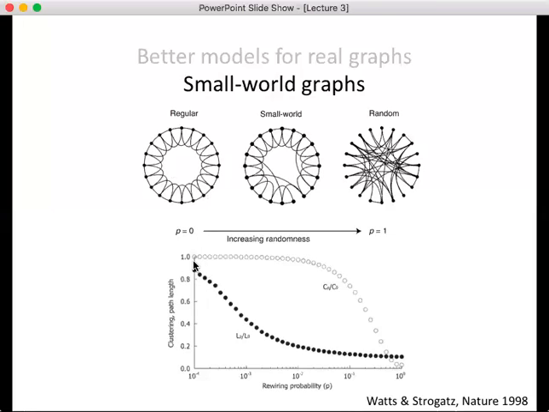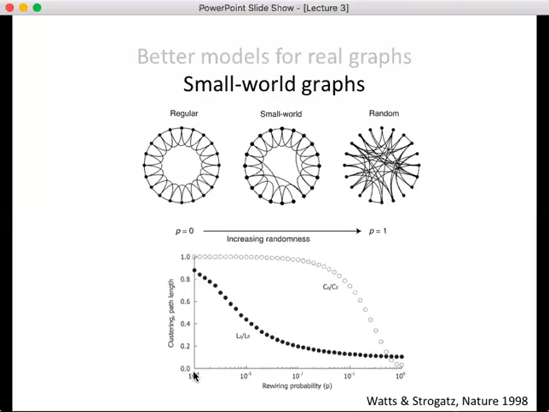Now, what is very interesting is the small world, because what you see is the following. When you start rewiring just a few of these connections, the clustering coefficient doesn't change too much because you're changing so few of them that it doesn't matter. The clustering coefficient doesn't really change until you rewire really a lot of the connections, and by a lot I mean like 10%.